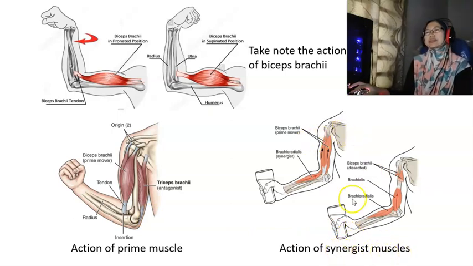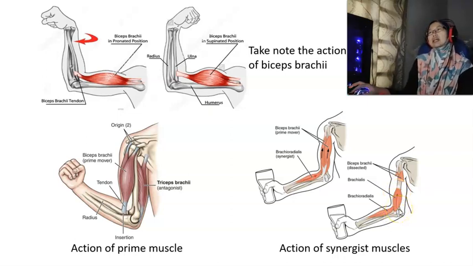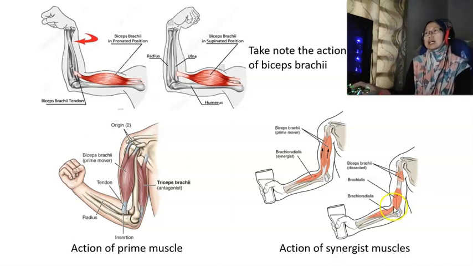Okay. Some books say that brachialis is the prime action, dia pun flex. Some said synergist muscle. So I ambil tengah lah. I put here yang main action biceps brachii is a prime muscle for flexion, and synergist brachioradialis.